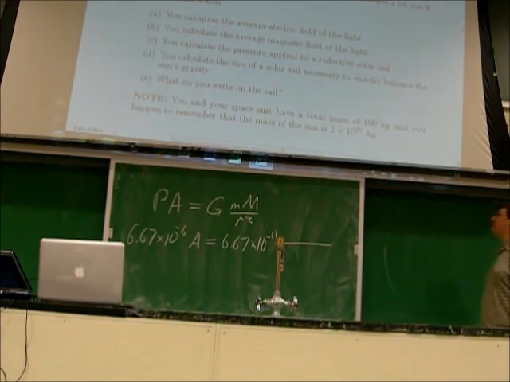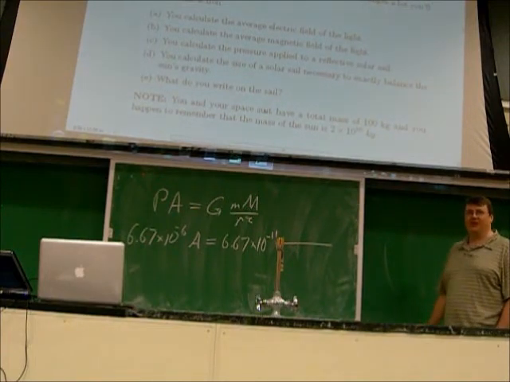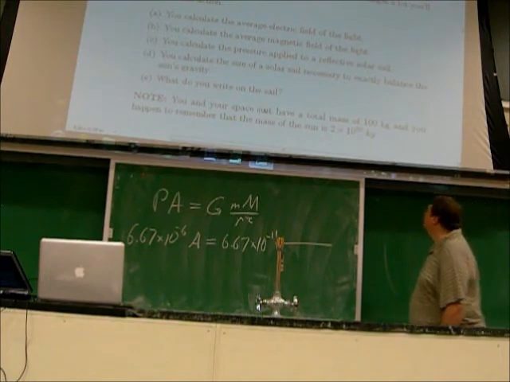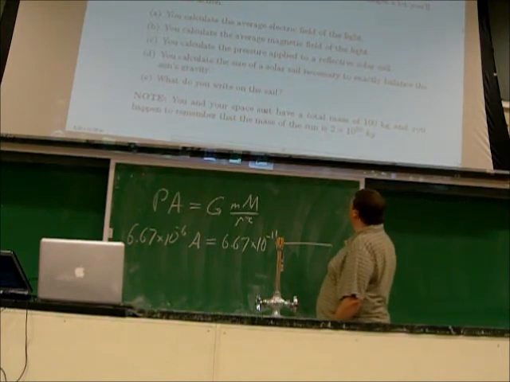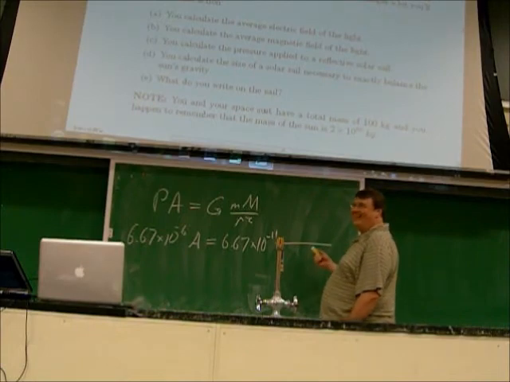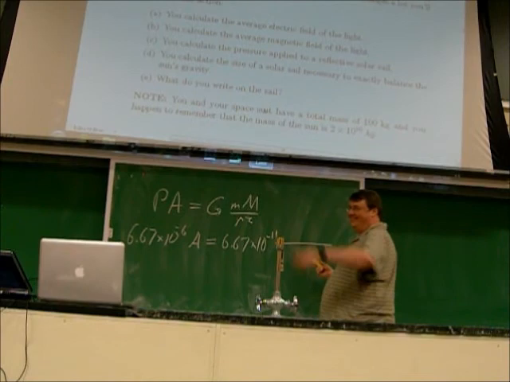There's a note here that says you and your spacesuit have a total mass of 100 kilograms. That's pretty light for a spacesuit. Some of us have a mass of 100 kilograms without a spacesuit.